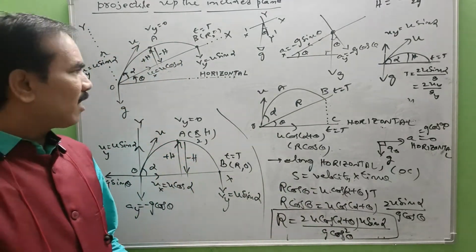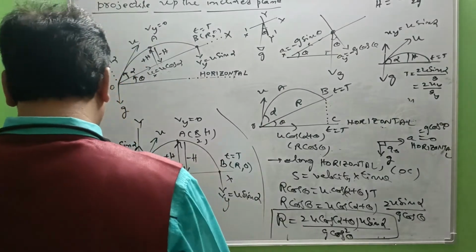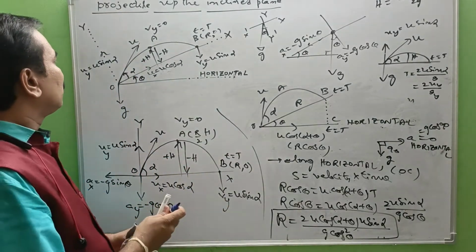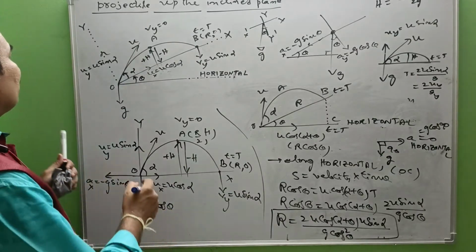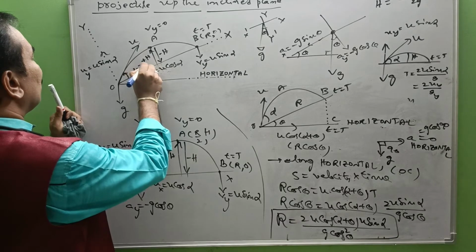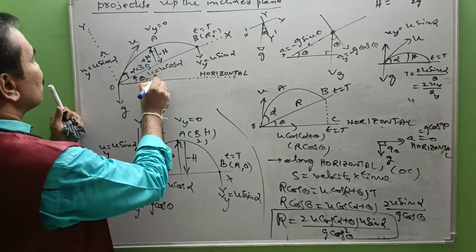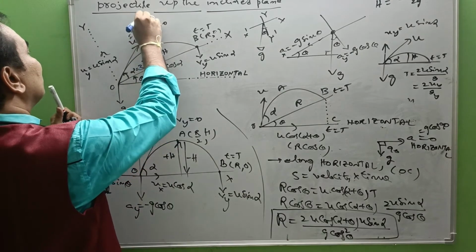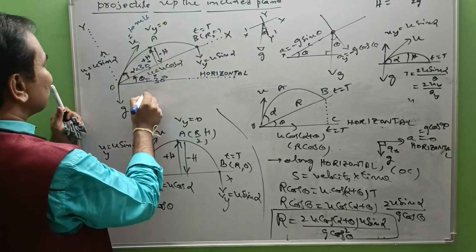So coming to a numerical here, suppose alpha equals 30 degrees, theta also 30 degrees, U equals 10 meters per second. Now what are the parameters here?